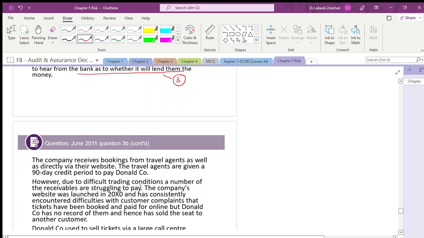The company received bookings from travel agents as well as directly through the website. Travel agents are given a 90-day credit period. Point number 4.